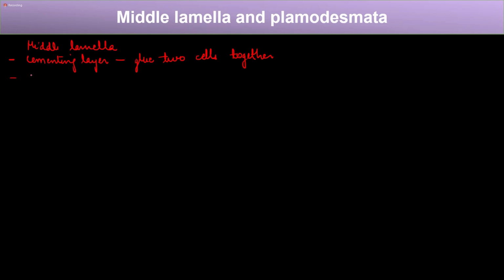So the middle lamella is present between two neighboring cells, and hence it acts as a glue between two cells. Now, what is the nature of this middle lamella? It is sticky in nature, and that's how it glues two cells together. It is sticky and amorphous.